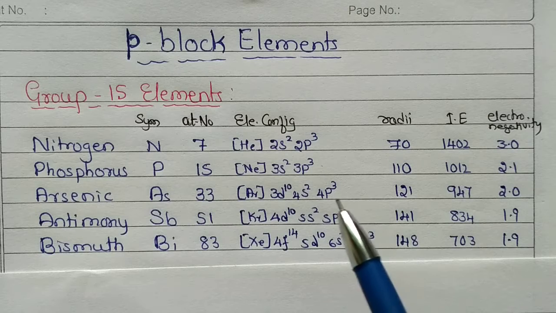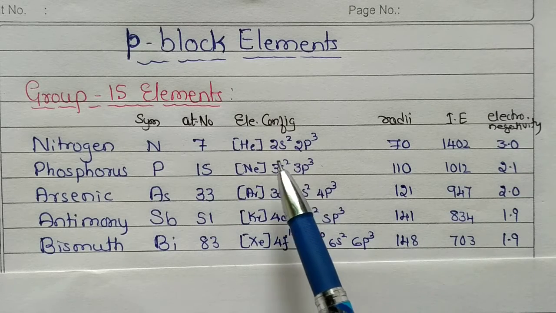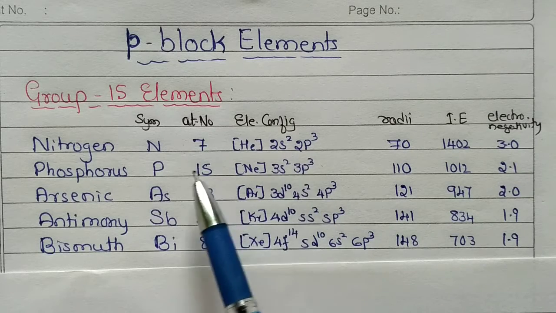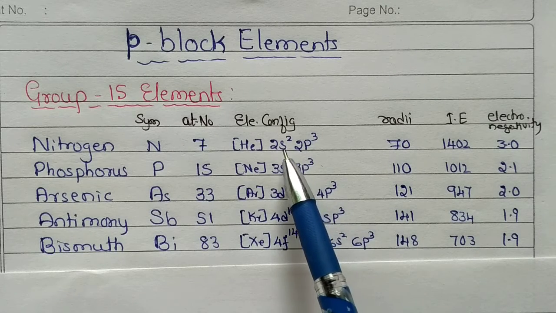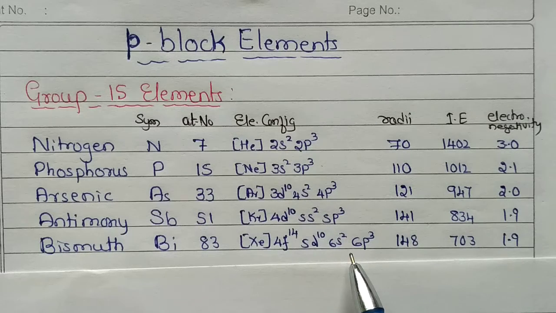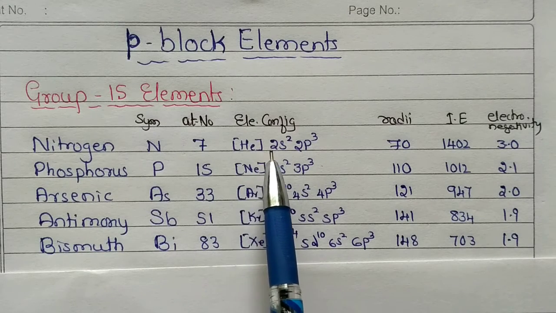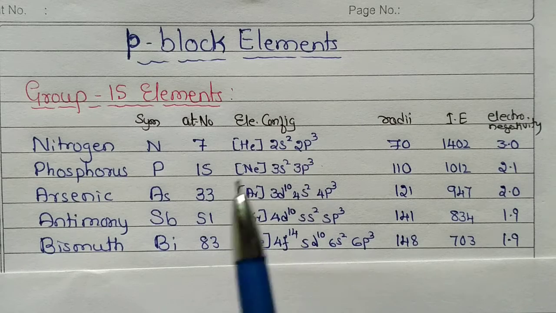If you observe the electronic configuration, all the elements end with p3 and the penultimate s orbital has 2. Therefore we can write the general electronic configuration as noble gas ns2 np3.